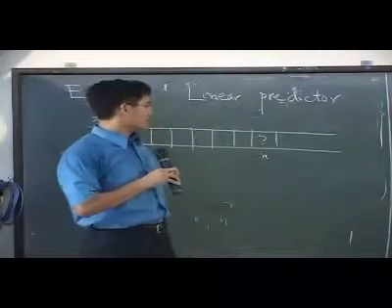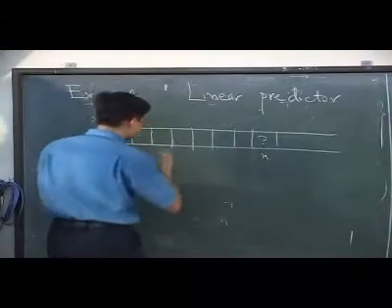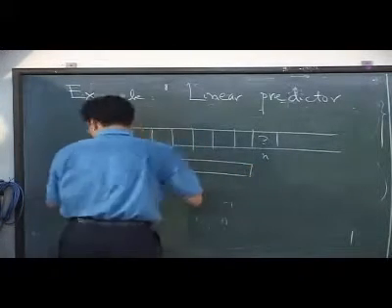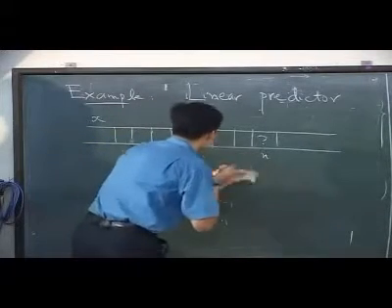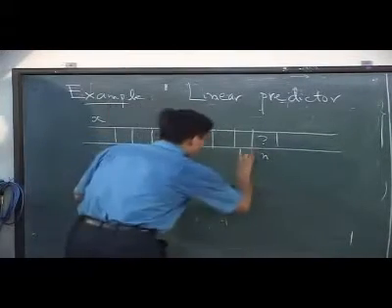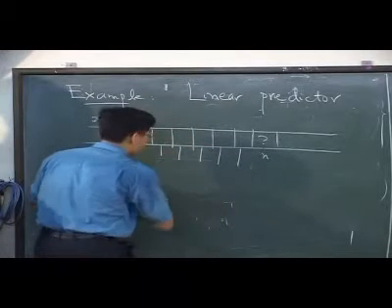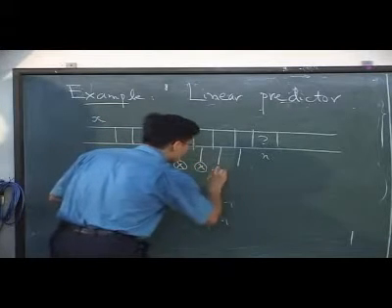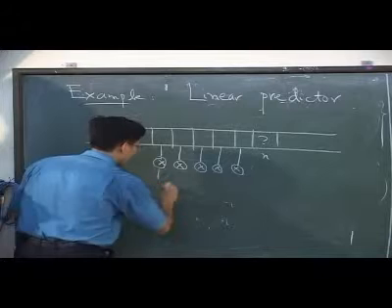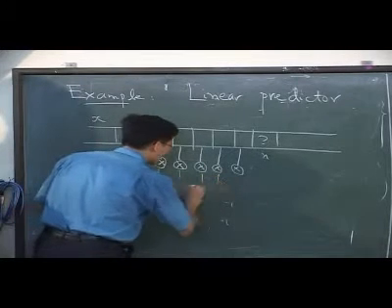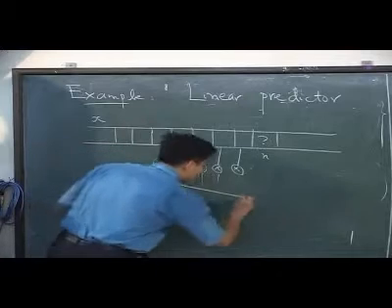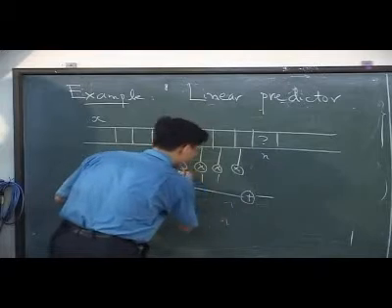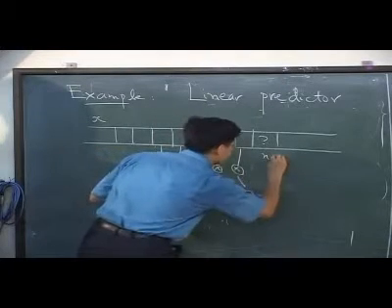The predictor I have is a very simple predictor. I put some coefficients here. I take those numbers, weigh them by multiplying with some constants, and sum them up. That is my predictor.